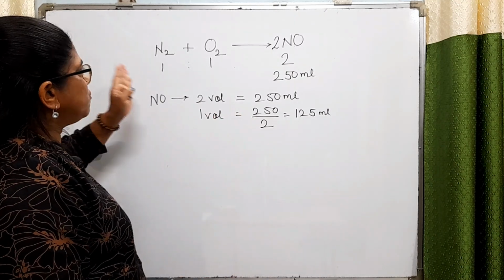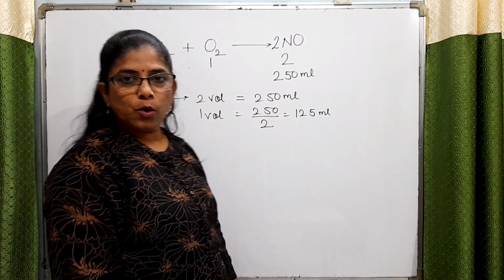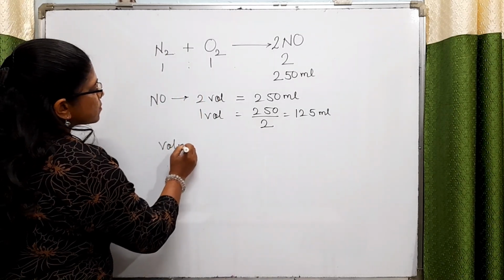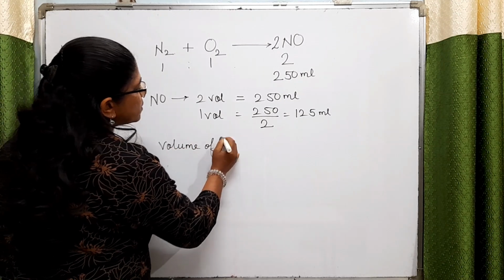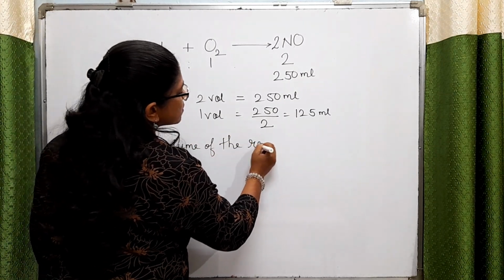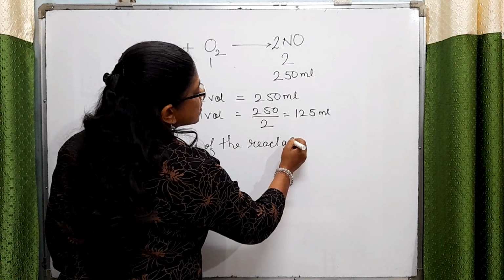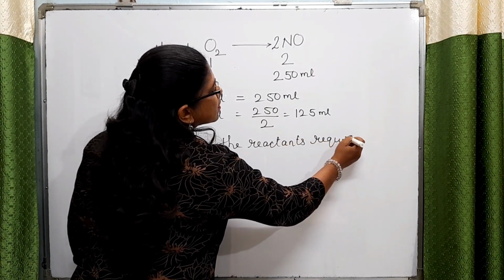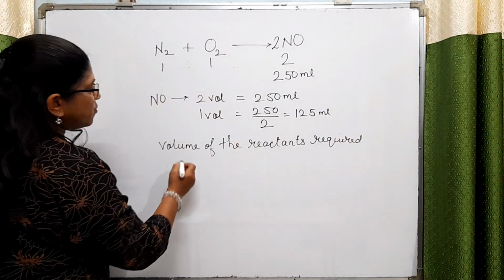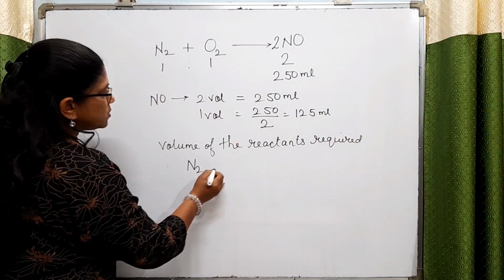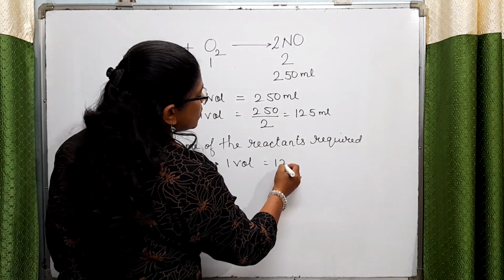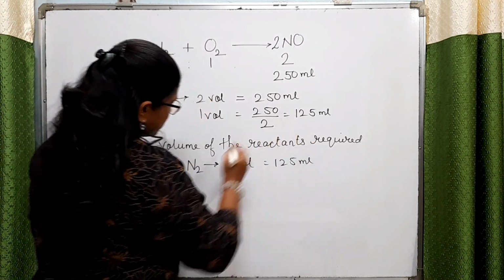So we require 1 volume of nitrogen and 1 volume of oxygen. The volume of the reactants required: the first reactant required is nitrogen, 1 volume, which is equal to 125 ml.